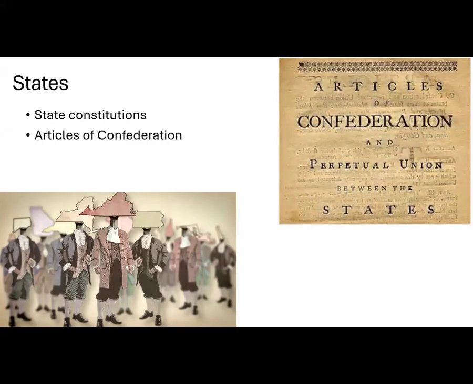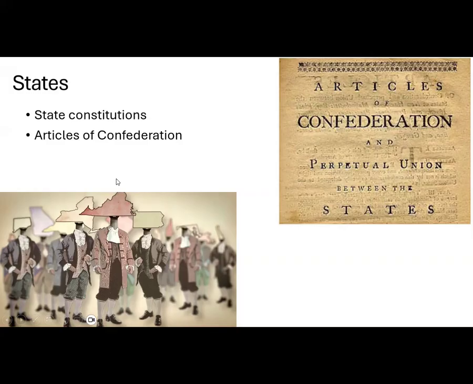As you see, this big word in all caps is confederation. That was the nature of the national government they formed. And it's titled a perpetual union between the states. So you can still see the emphasis being on the state governments forming a union.